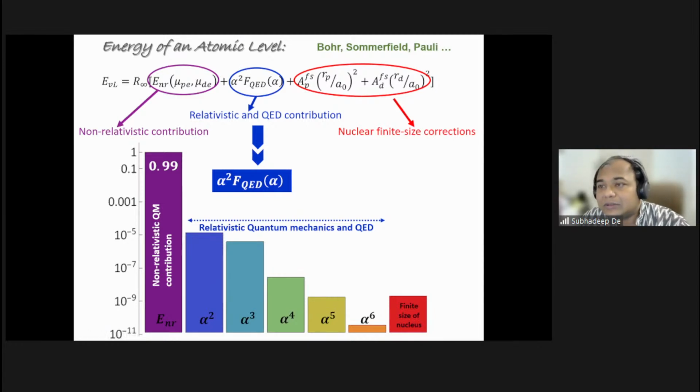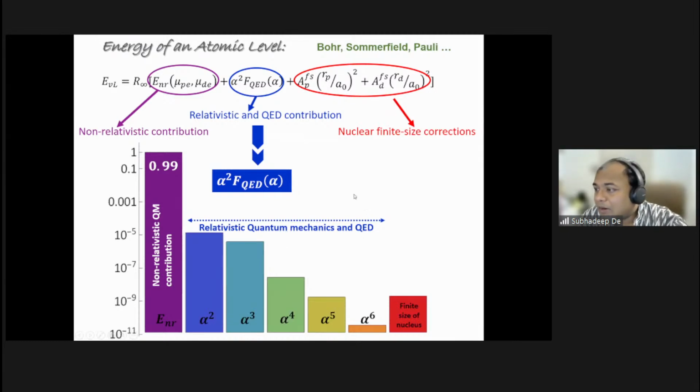The only question is how sensitive your measurement is. The third part is the finite size of the nucleus, because every isomer has a different number of neutrons, so the size of the nucleus changes, and that also shifts the energy levels a little bit.